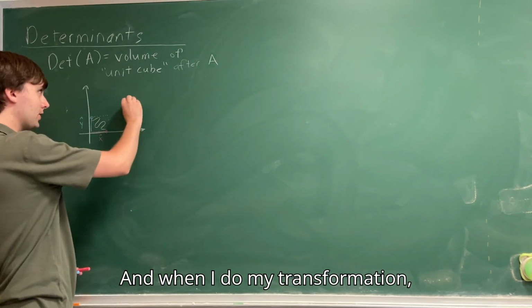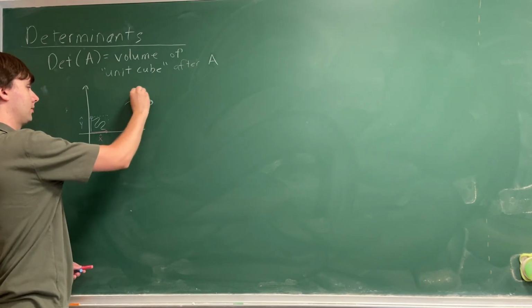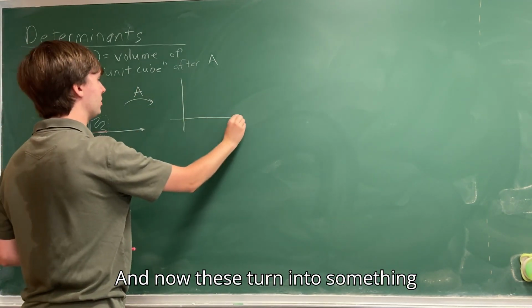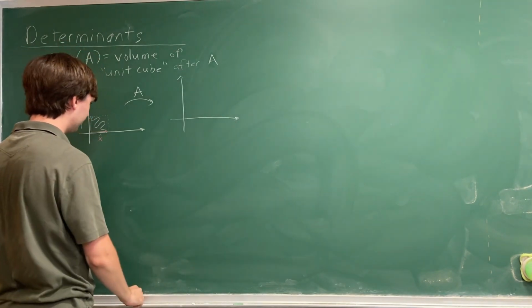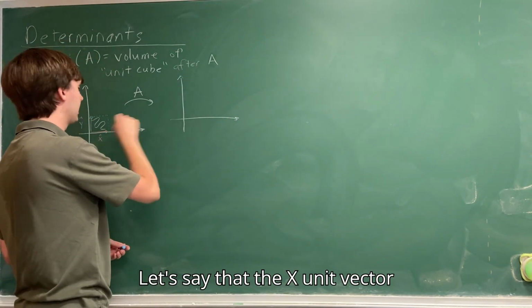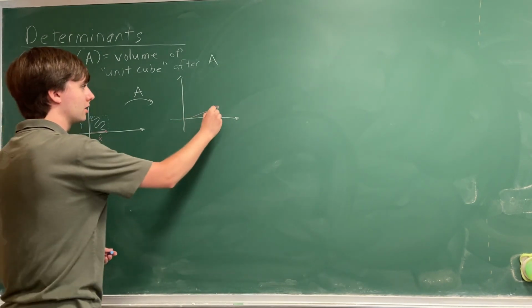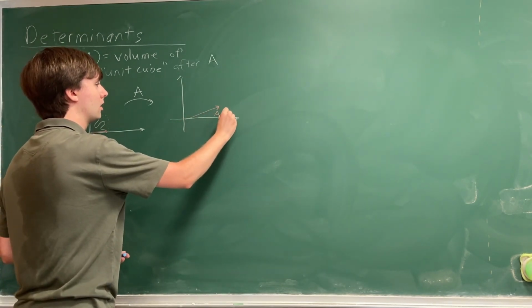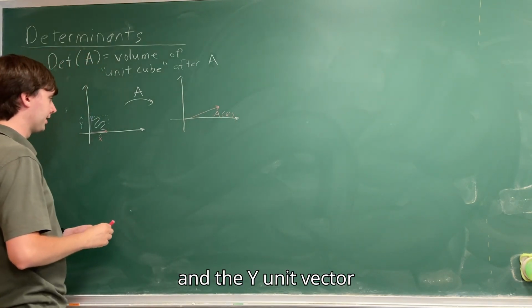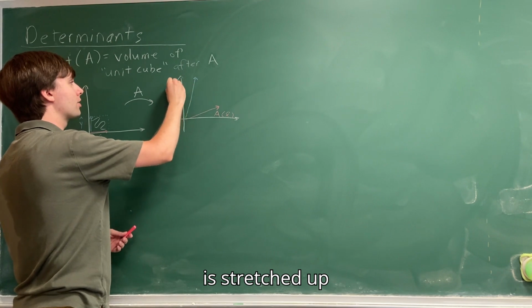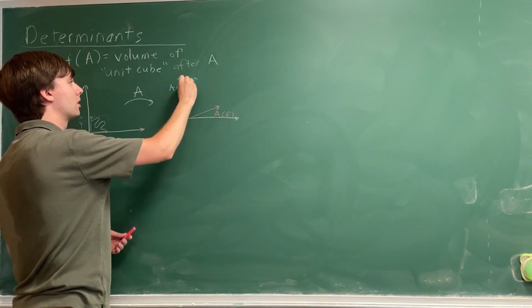And when I do my transformation, now these turn into something different. Let's say that the x unit vector is now stretched out that way, and the y unit vector is stretched up that way.